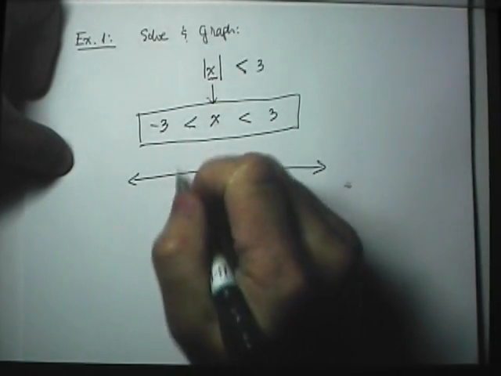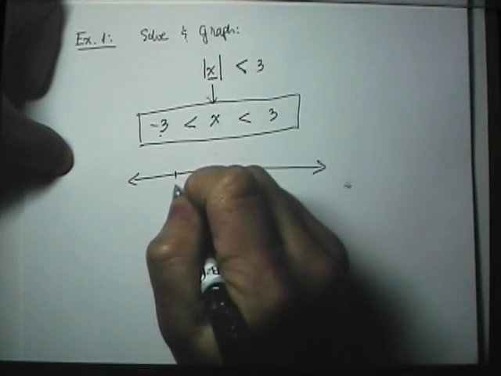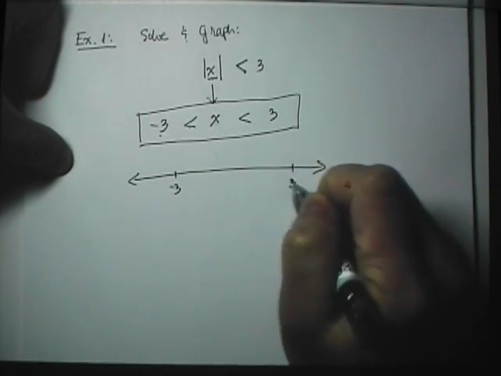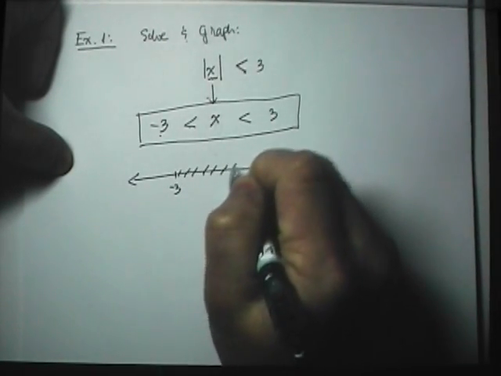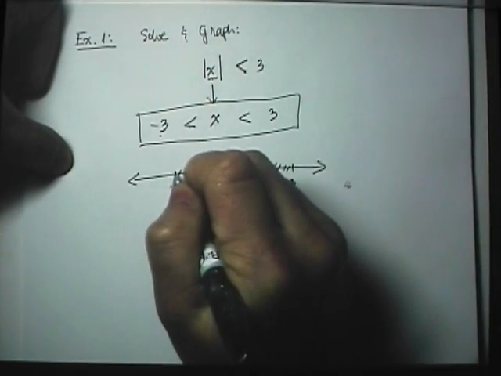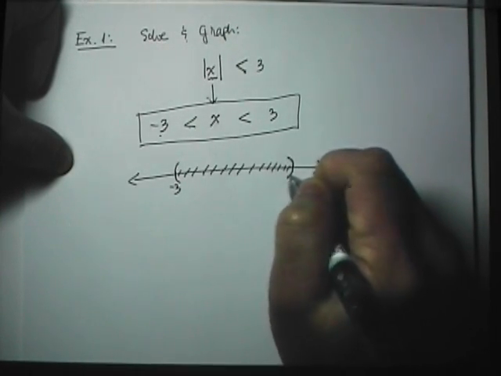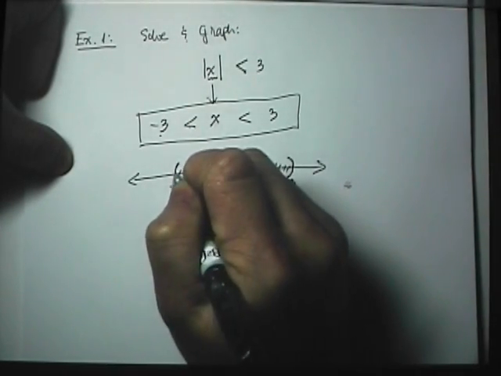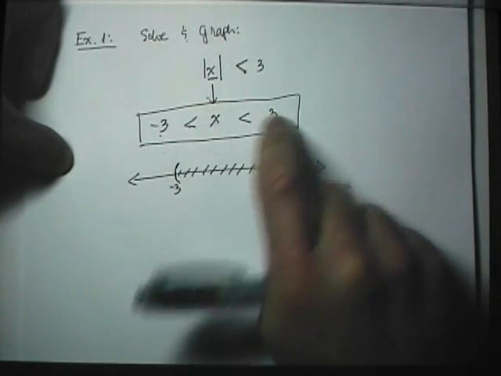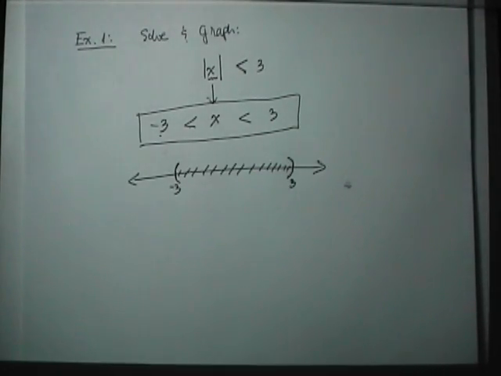Here negative 3 is my lower end, positive 3 is my upper end, and here I have things in between. Here I'm using parentheses to indicate that neither negative 3 nor 3 is included as part of the solutions. x is strictly in between. So that's how I graph the solutions.